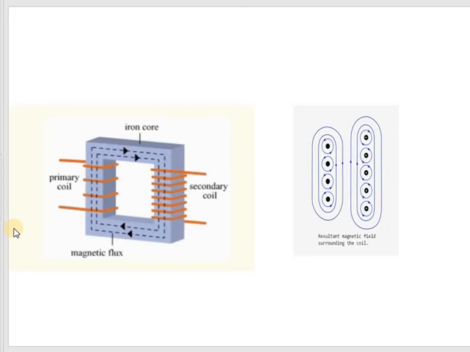When there is a steady current in the primary coil, there will be no effect on the secondary coil, but there is an effect in the secondary if the current is changing. A changing current in the primary coil induces an EMF, electromotive force, in the secondary coil. If the secondary coil is connected to a circuit or to a load, then it will generate a current flow.